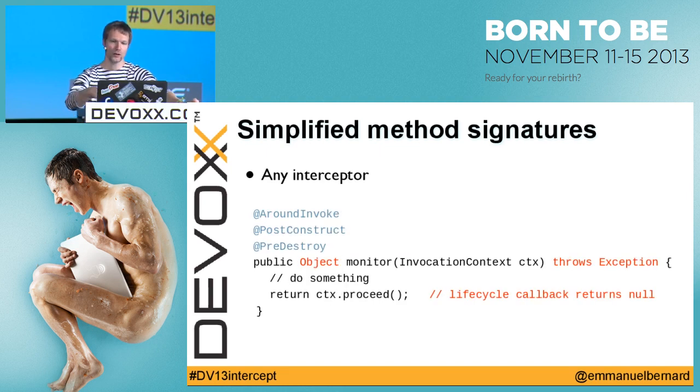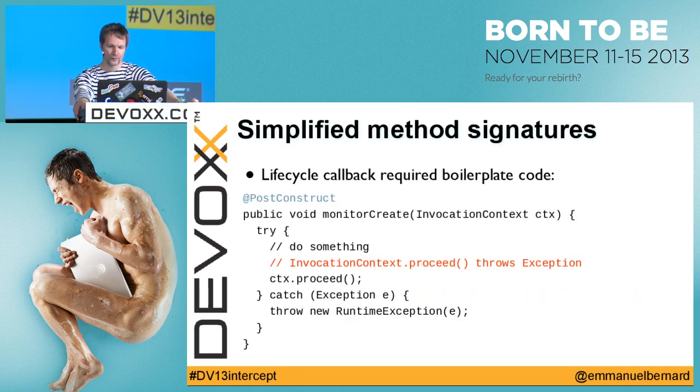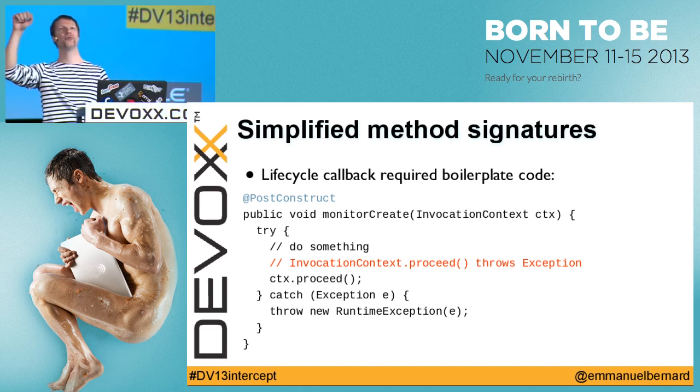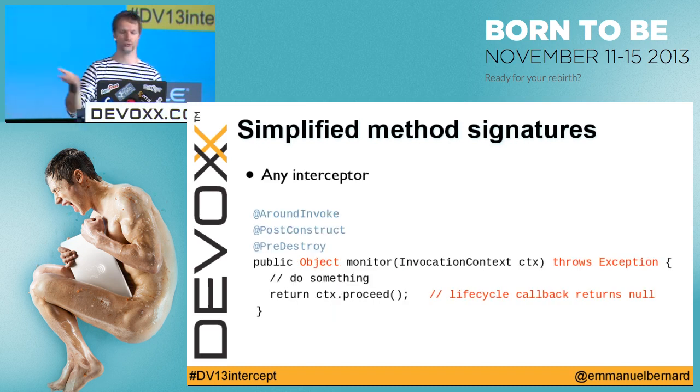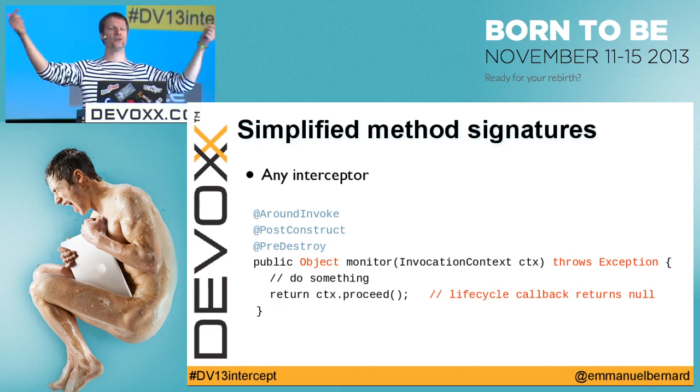So what the expert group has done is to say, well, let's relax this rule a bit and say that those kinds of methods can actually return an object, even if it doesn't mean anything to them, and can declare throws Exception even if they should not throw an exception. So what's happening here, I do declare those, and all of a sudden my code that had a lot of boilerplate around the core part of it is much simpler.